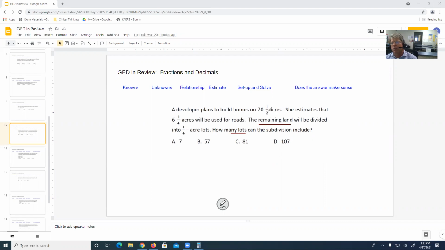Well, we start with 20 and a half acres, but I have to remove some of the land because we're going to use it for roads. So some of the knowns have to be put together to start with. That 20 and a half is the same thing as 20.5, and 6 1/4 is the same thing as 6.25. So to start with, my knowns have to be put together to find another. It's an unknown, but it's going to now be known.